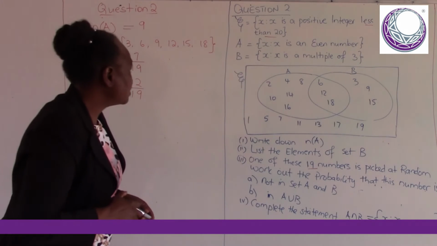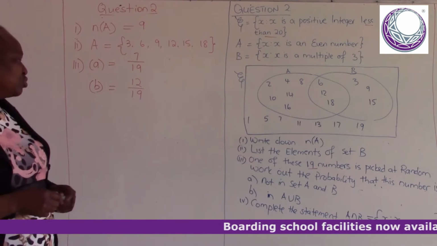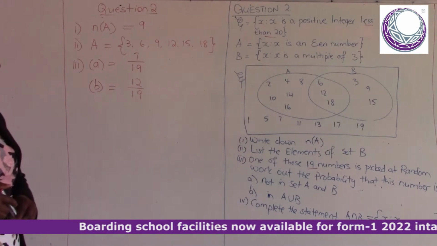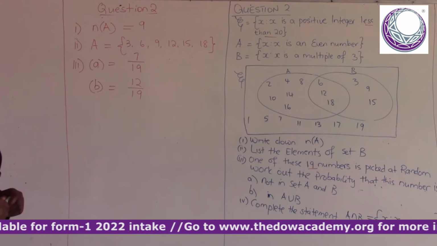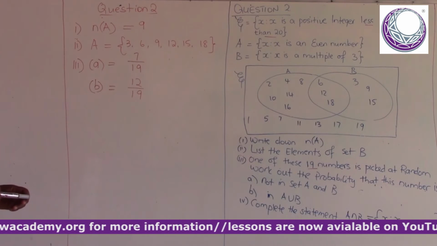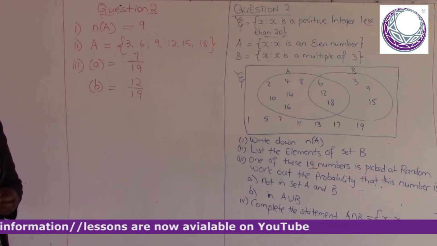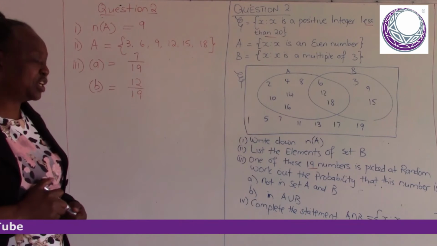Then the last part of question 2. It says, complete the statement. A intersection B is A. There is a statement that we have to complete, and this statement is given in set builder notation.